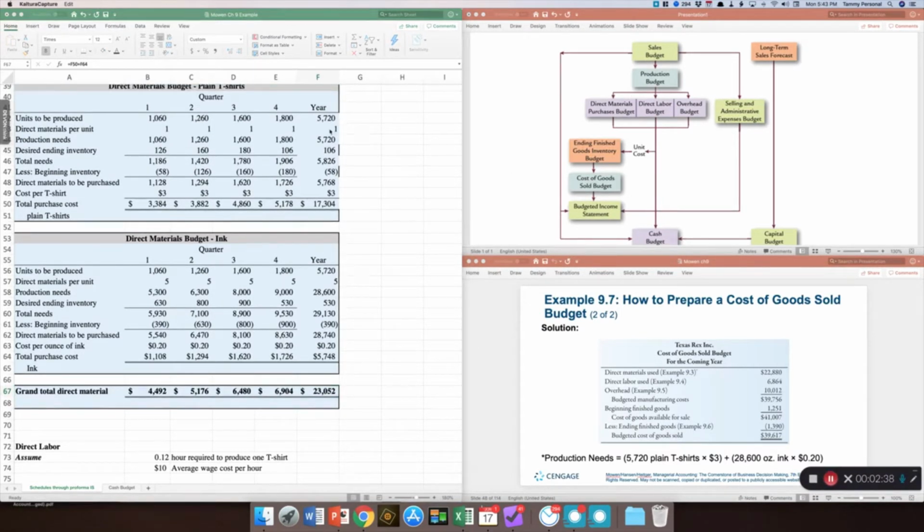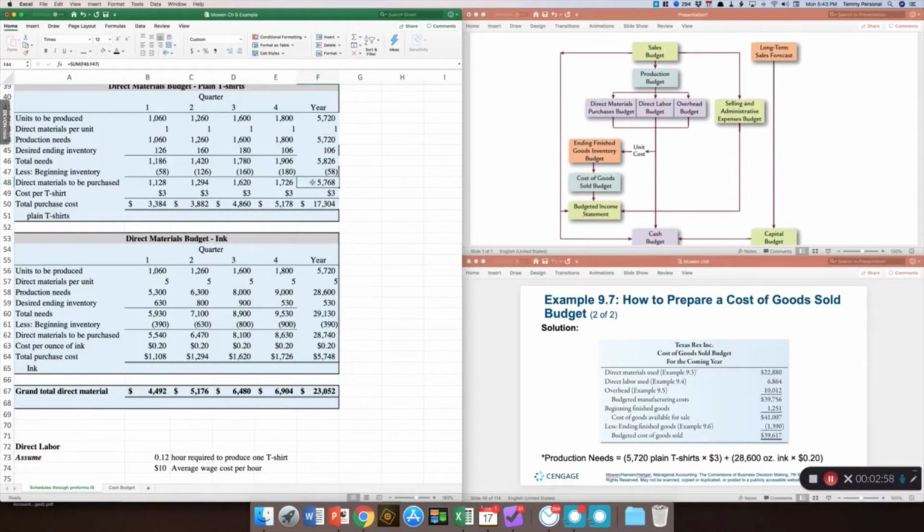The amount that we used is found a little higher up in these schedules. This is our production needs, is the line that we're interested in here. We actually needed 5,720 t-shirts, right?